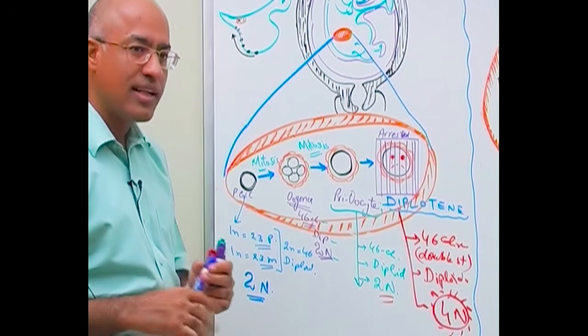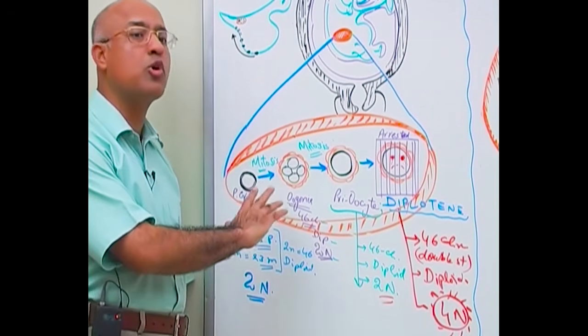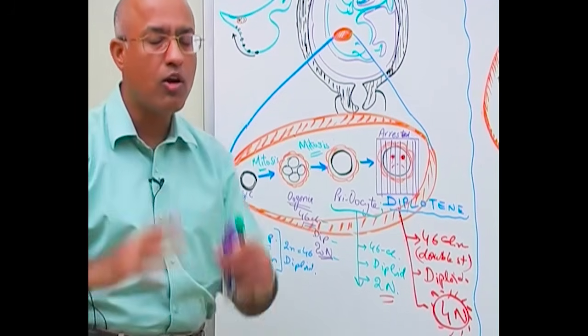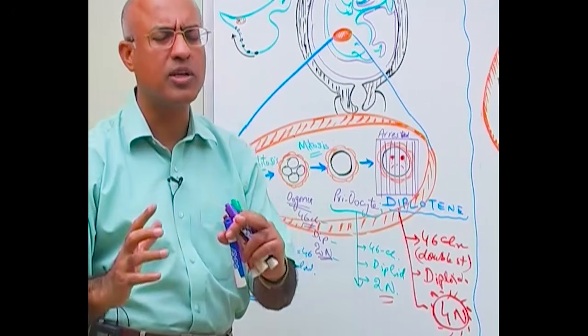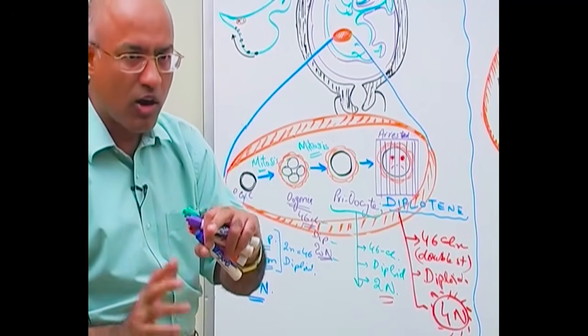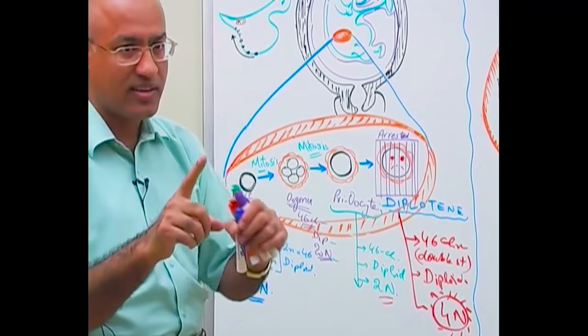So what does it mean? It means that before the birth of this female baby, all the oogonia that survive have started their first meiotic division and have been converted into primary oocytes.